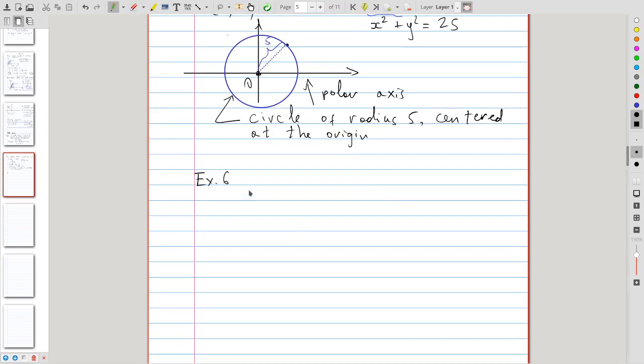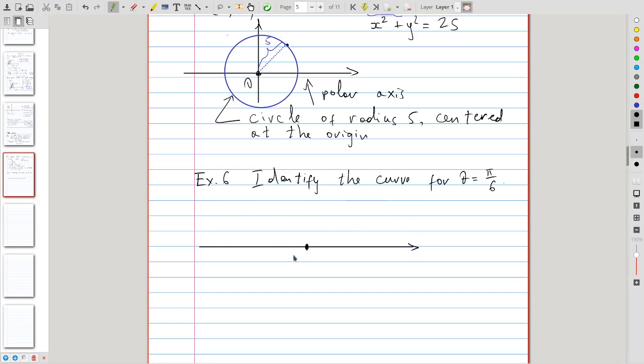Another curve that can be written in polar coordinates in an elegant way is given by the following equation. So let's identify the curve for theta equals, say, pi over 6. We will start by specifying the polar axis here in the plane.